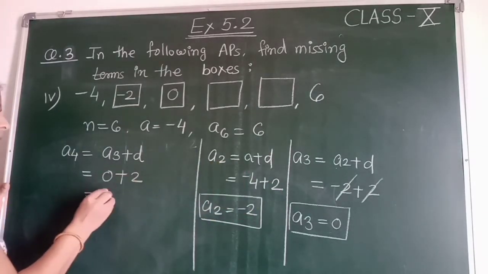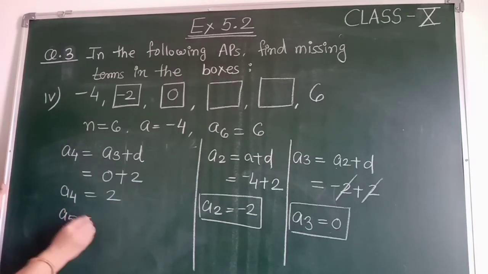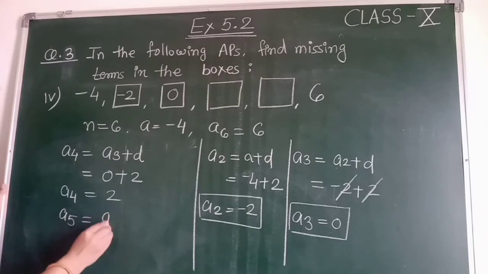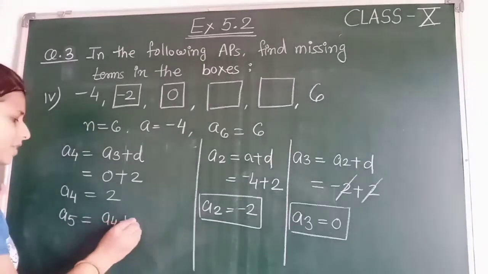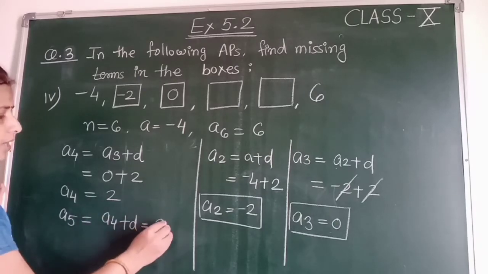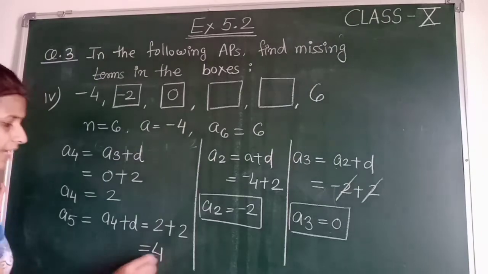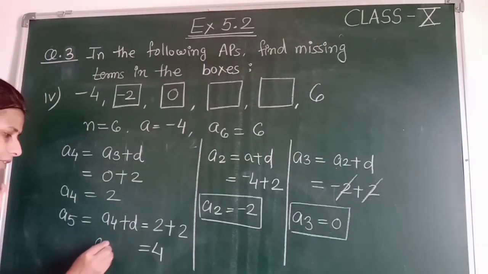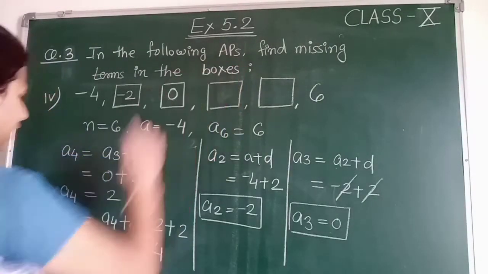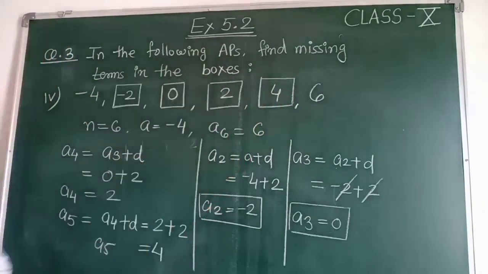So when you add this, you will get the fourth term as 2. Then we will find the fifth term. For finding the fifth term, we will add D to this fourth term. The fourth term is 2 and the value of D is 2. So the addition will be 4. Fifth term is 4. Fourth term is 2 and fifth term is 4.